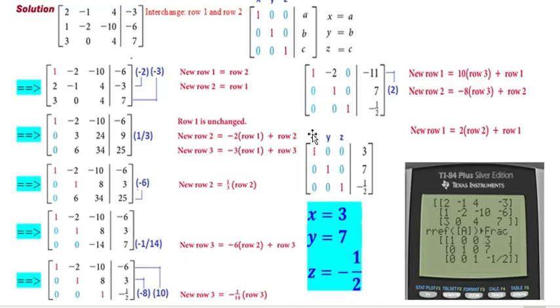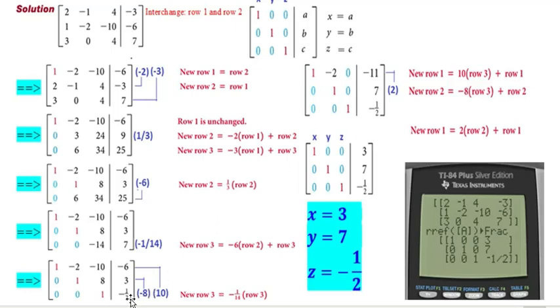And that is, you keep row number 3 as it is, 0, 0, 1, minus half. Then minus 8 times 0 is 0, 0 plus 0 is 0. Minus 8 times 0 is 0, 0 plus 1 is 1. Minus 8 times 1 is minus 8, minus 8 plus 8 is 0.